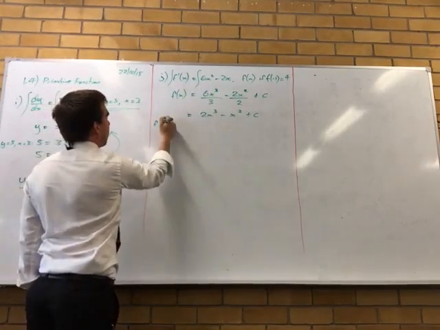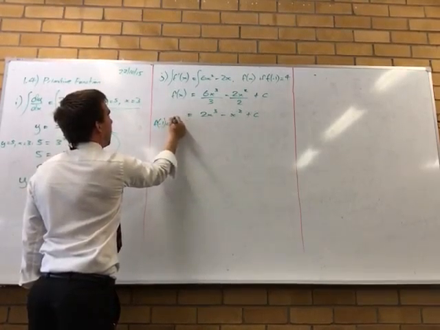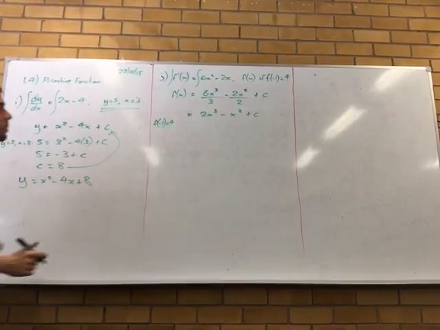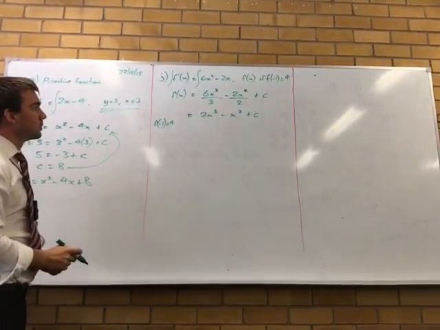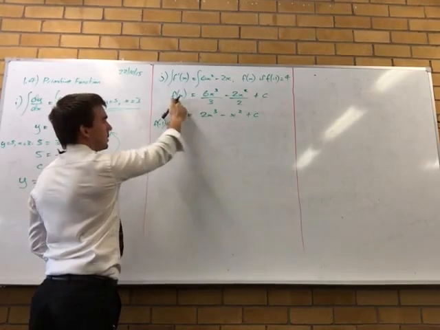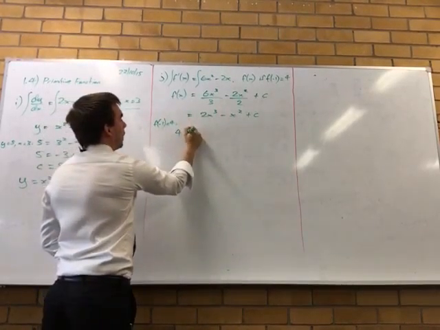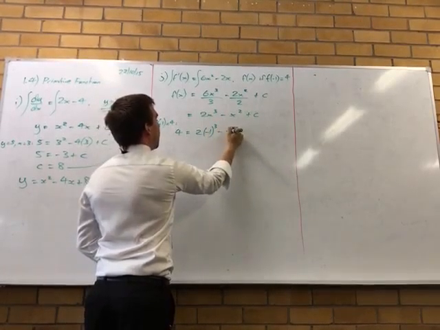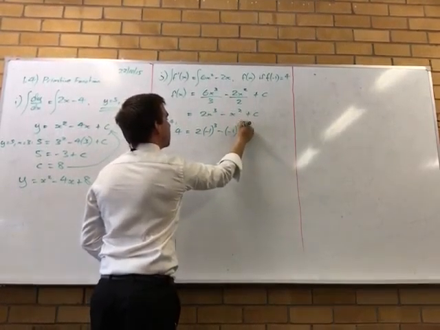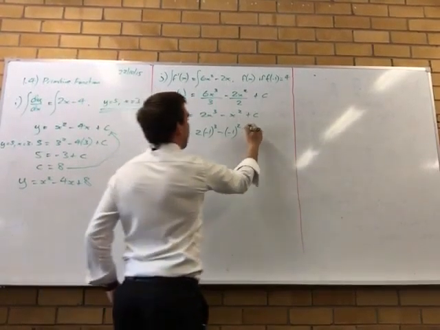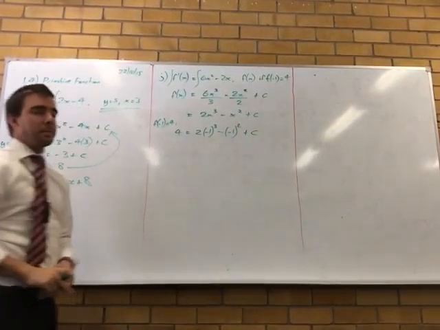Right, so we know that f of -1 is 4. So what that means is 4 is equal to 2 lots of -1 cubed, take away, what's your negative sign? So that's where we need to introduce brackets, plus our constant of integration.